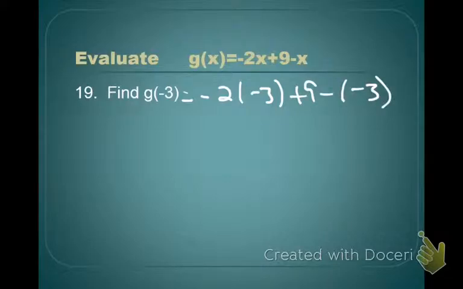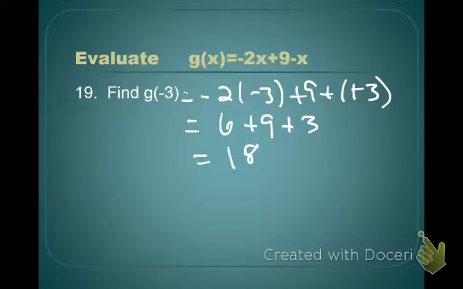Including, there should be a minus a negative 3, right? You got to make sure you have both signs in there because it's going to make a difference. Right, and we just do our evaluating from before. Negative 2 times negative 3 is 6. 2 negatives make a positive. And so we should have 6 plus 9 plus 3, which is 18.